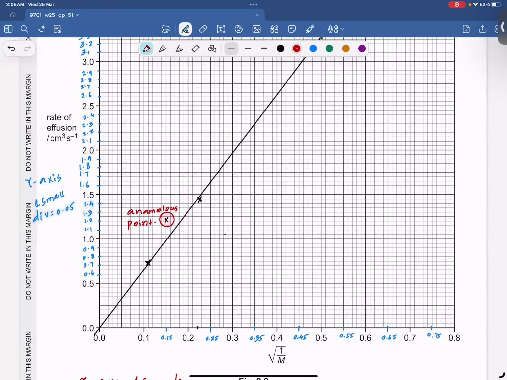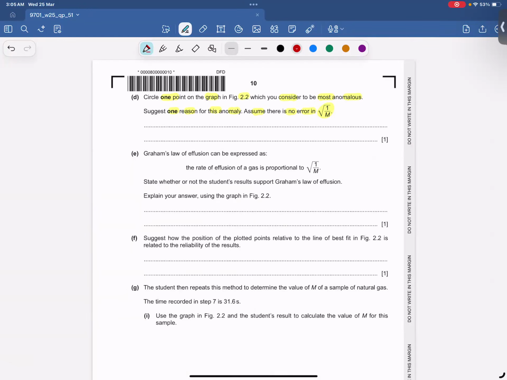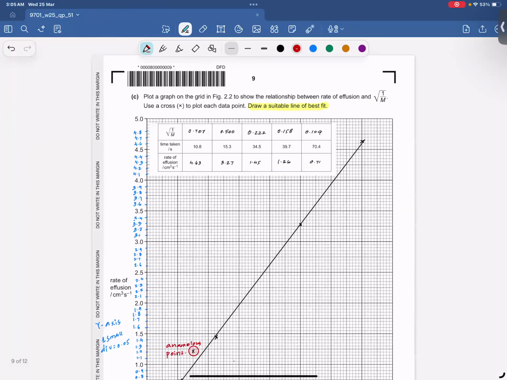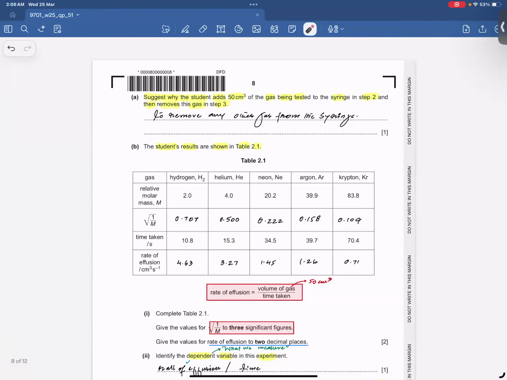So I did that. Reason for this anomaly. So the rate of effusion is greater than expected. It should have been here, but it is here. So the rate of effusion is greater than expected. Why? Because if the rate of effusion is higher, then the time taken will be lower. So we did not measure the time accurately with the stopwatch, right? We didn't measure the time accurately.